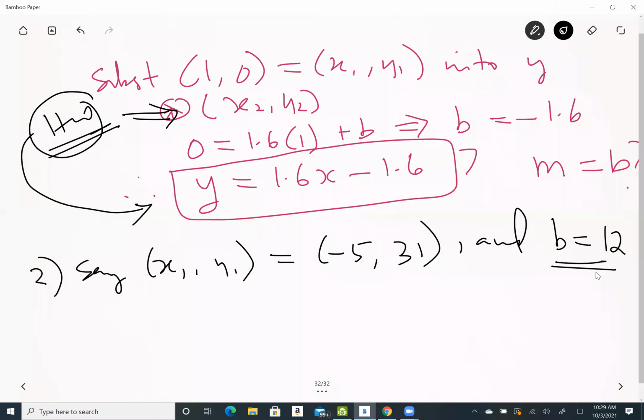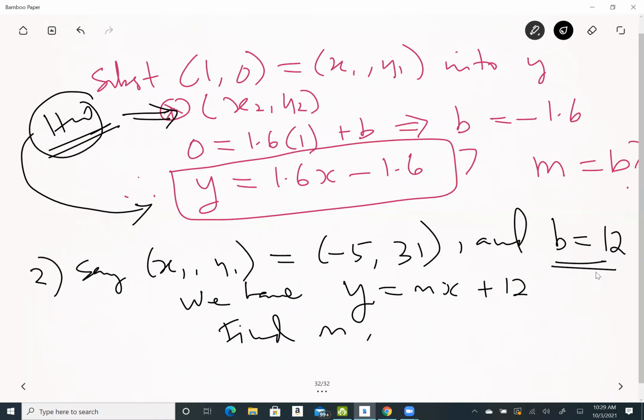So given b, we have y equal to mx plus 12. We need to find m. So how do you find m?